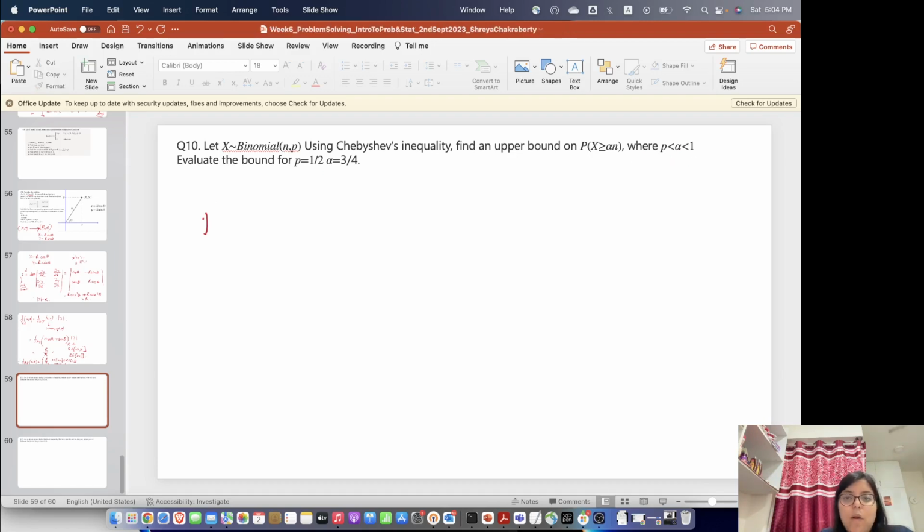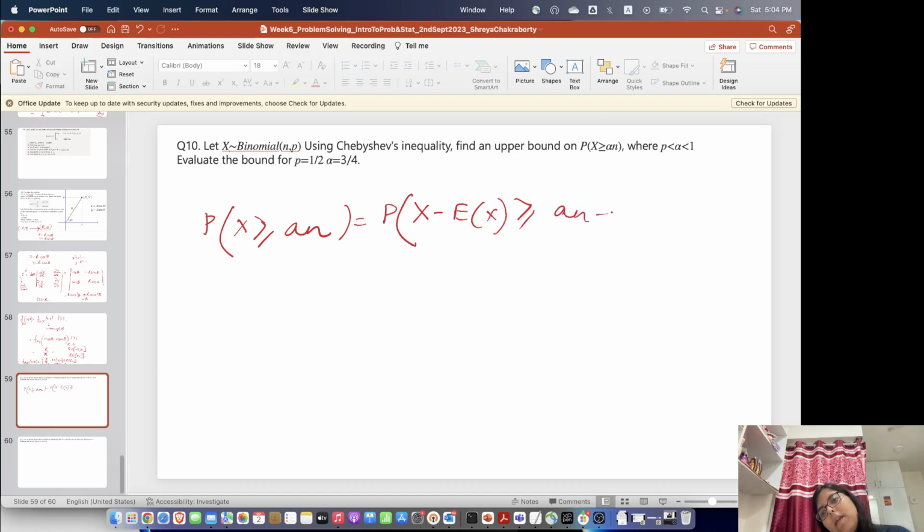Okay, so the probability that X is greater than or equal to an, we can write as the probability that X minus expectation of X is greater than or equal to an minus expectation of X. Alright, so expectation of X will be np, so we can write it as the probability that X minus np is greater than or equal to an minus np.